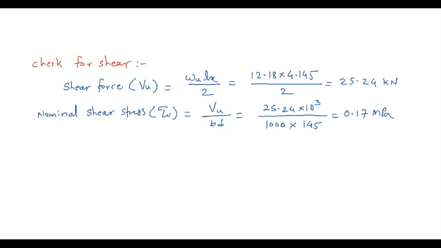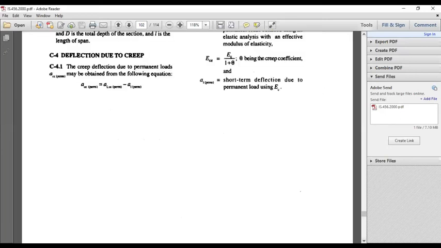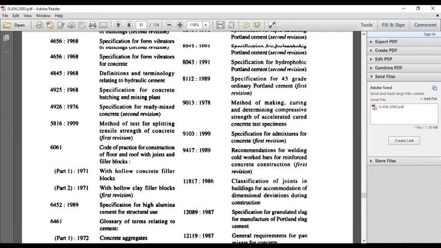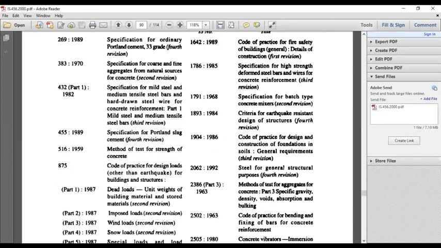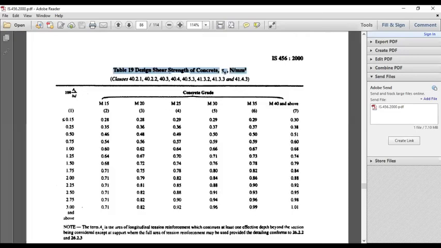See here in the IS code, table number 19 is roughly on page number 73 or 74. Here table number 19, design shear strength tau c for the concrete. So in the IS code, the minimum value is 0.28 Newton per mm square.